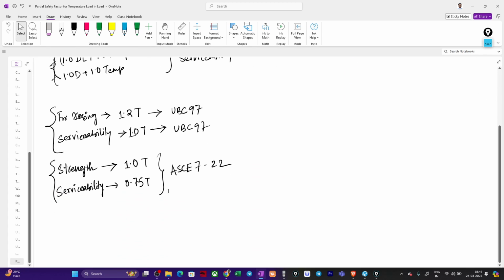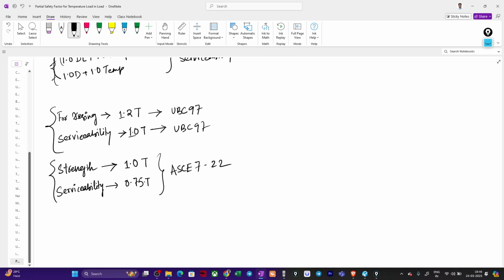Now my conclusion, or my suggestion, is for when we consider this temperature load with all the other design combinations that we use in everyday design.